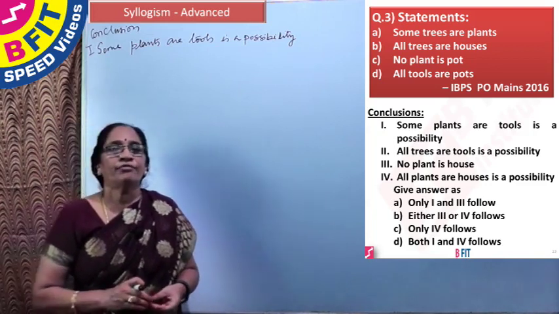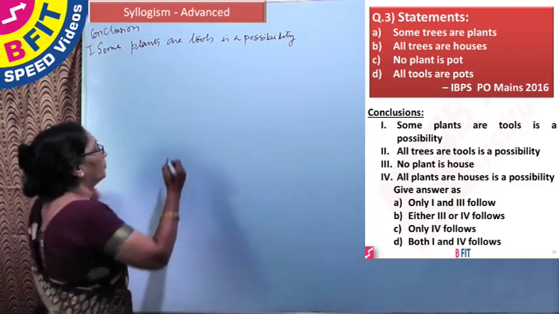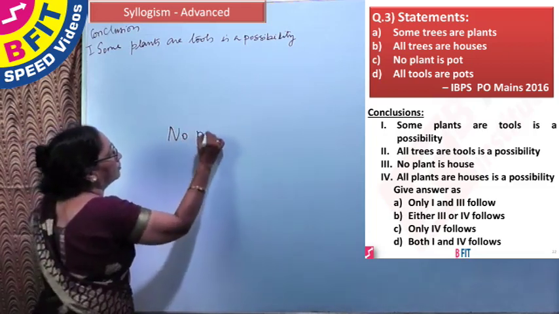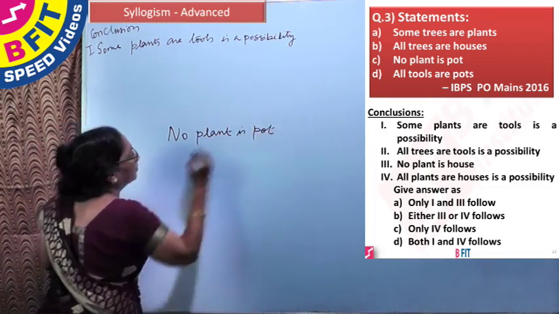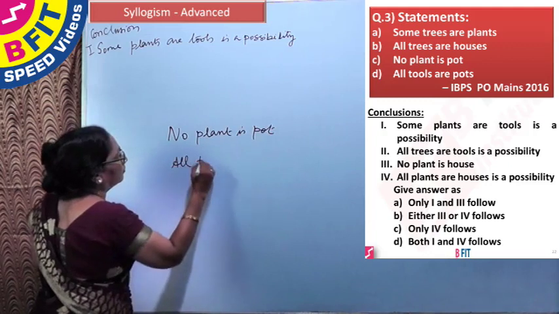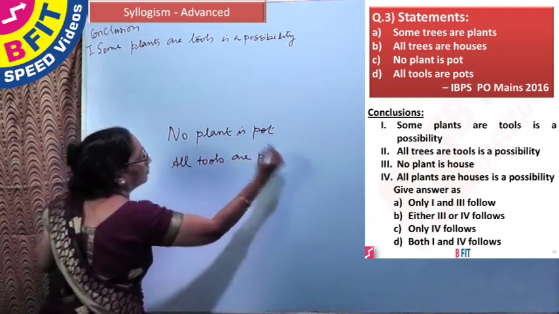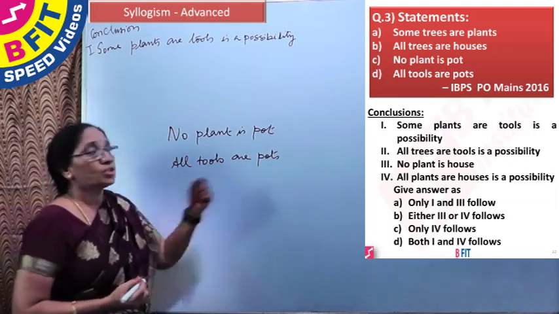The third and fourth statement contain plants and tools: no plant is pot and all tools are pots.